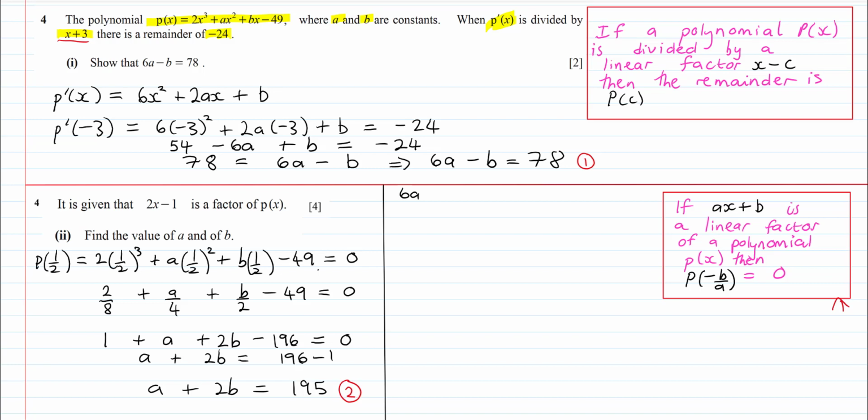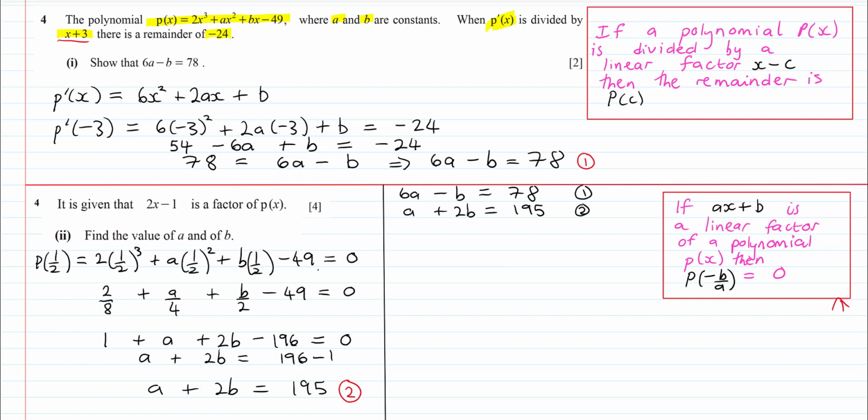We've got 6a minus b is equal to 78, equation 1, and a plus 2b is equal to 195, equation 2. We'll multiply equation 1 through by 2, then add the two equations together, and that will eliminate b.